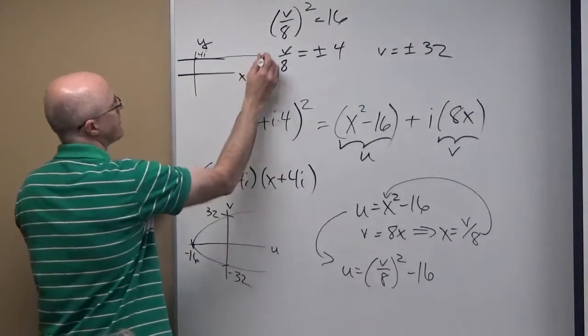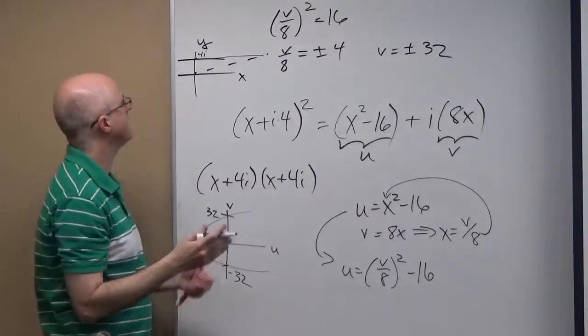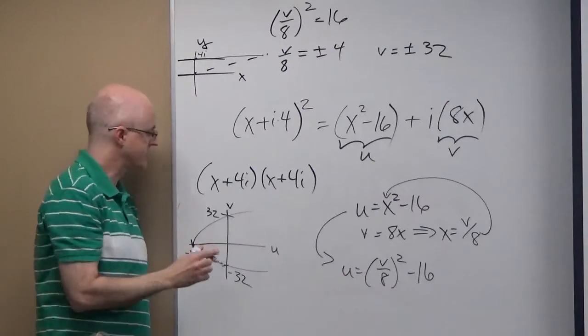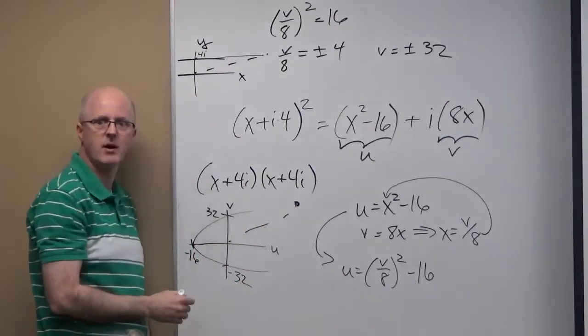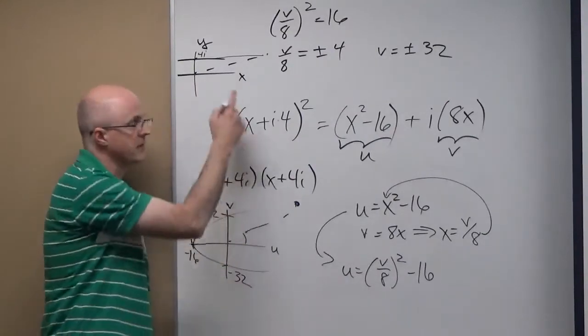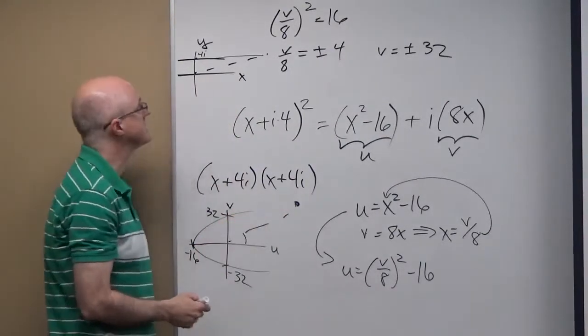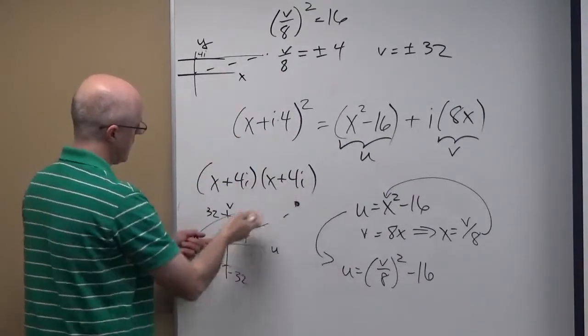Points that are, say, way over here have a small argument, say maybe 10 degrees or something. The argument gets doubled to 20 degrees. They're going to get mapped to points that are over here on the parabola somewhere, where this angle would be double the original angle. And the distance, the modulus, should be squared. So if there was this picture, this would be a lot longer here.